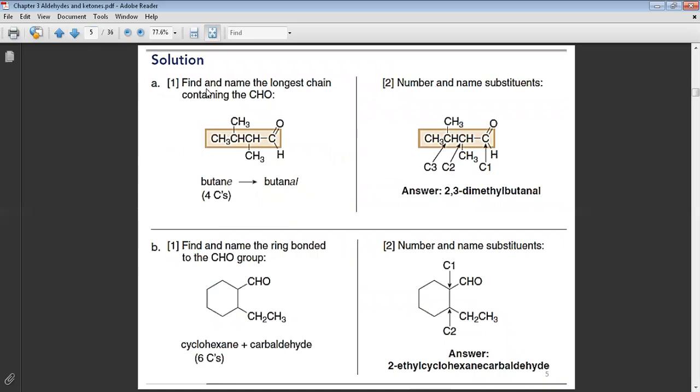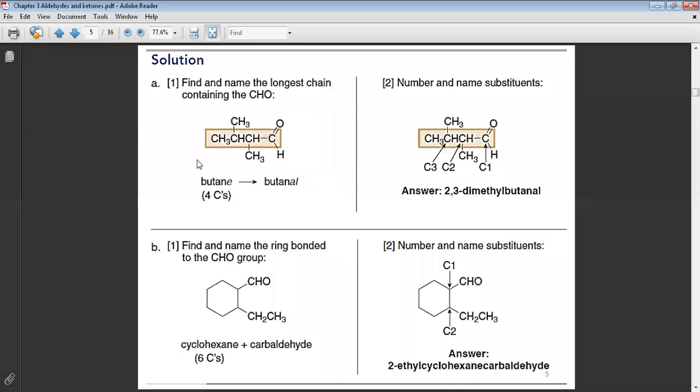Look again here. Find the name of the longest chain. That means we have 1, 2, 3, 4. It will be butane. Now, a butane, but we have the aldehyde group here, so just change the E to al. It will be butanal.